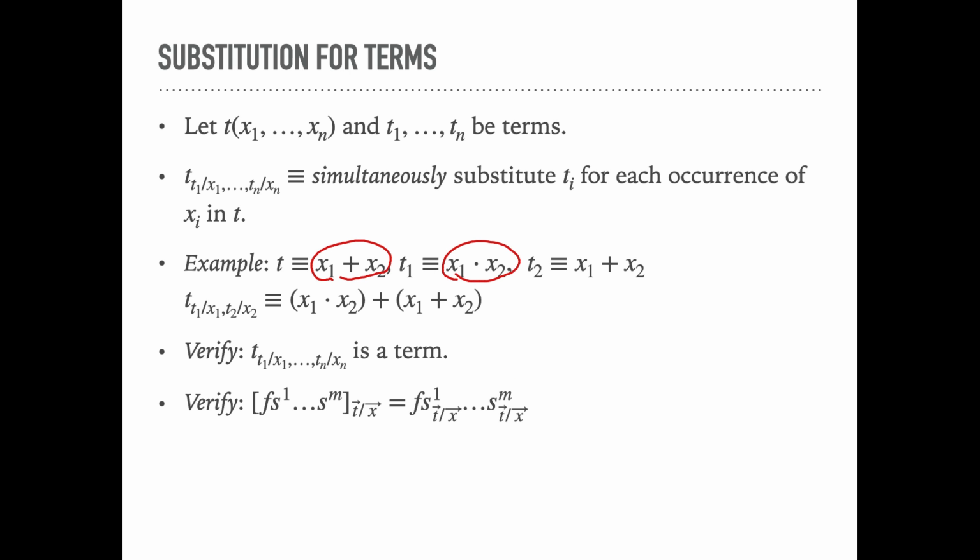Then we take t1 and plug it in for x1, and then we take t2, this one, and plug it in for x2. And hence we get this and this.